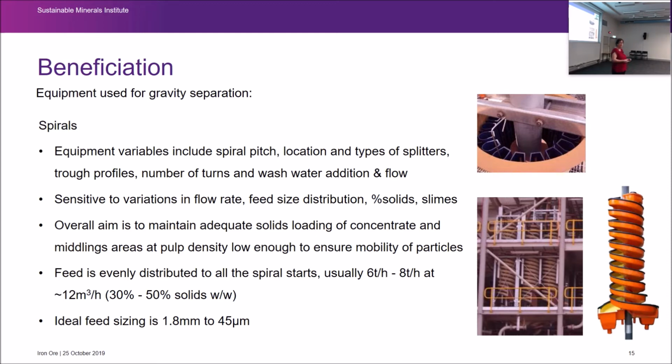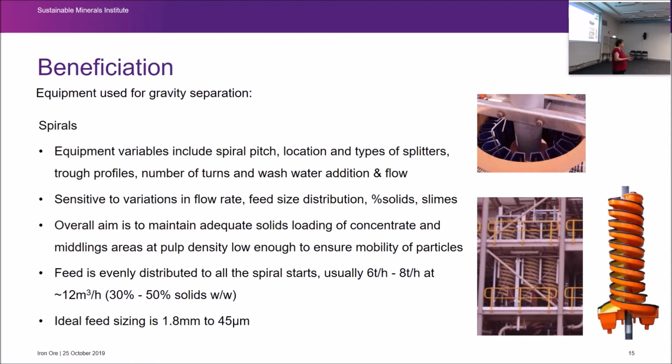But it also is dependent on your feed size distribution and percent solids to achieve separation. Basically, your separation is mainly driven by density, but particle shape and size will also play a role. Your overall aim is to maintain adequate solids loading in your concentrate area and in your middling section, but at a bulk density low enough that you still have mobility of your particles for separation.